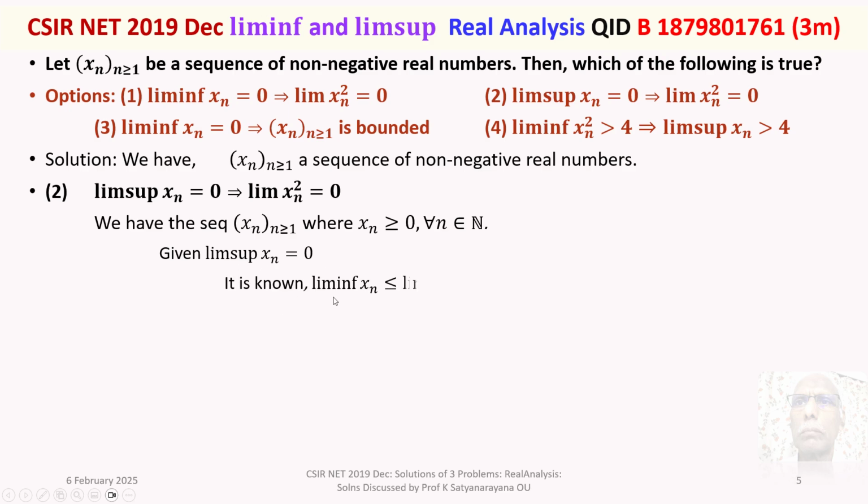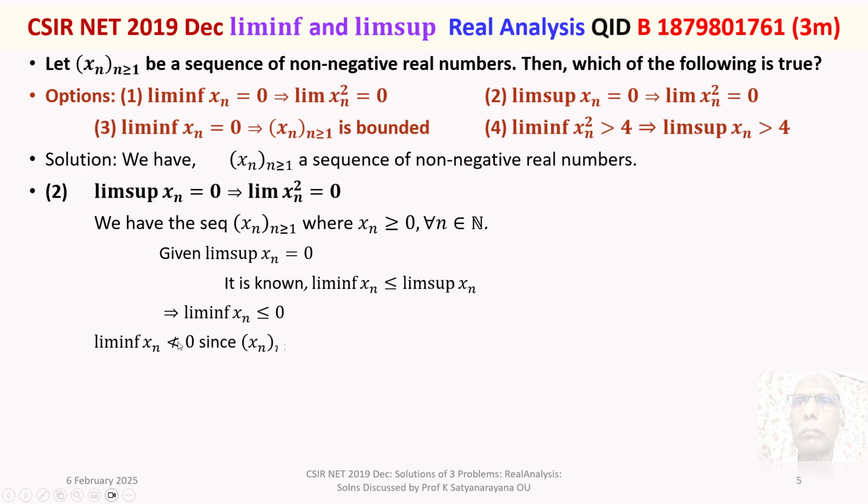It is known limit inferior of Xn is less than or equal to limit superior of Xn. This will imply limit inferior of Xn is less than or equal to limit superior of Xn, which is 0. That is, limit inferior of Xn is less than or equal to 0.